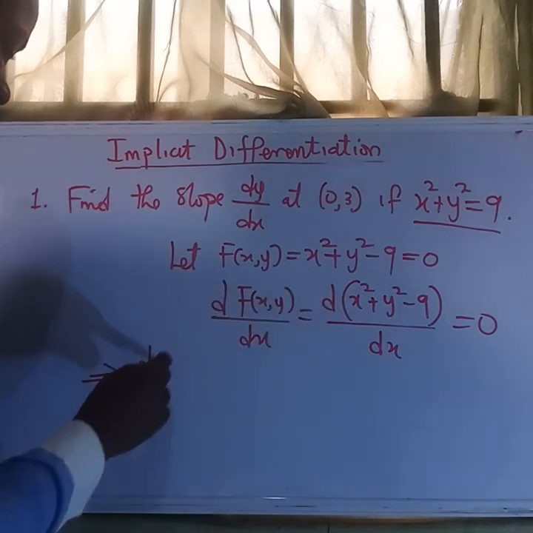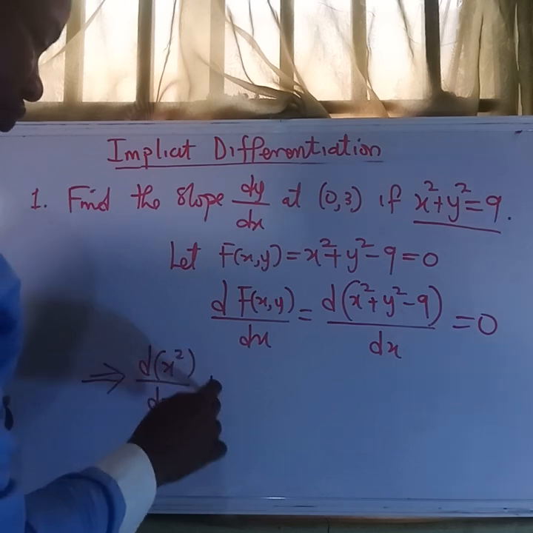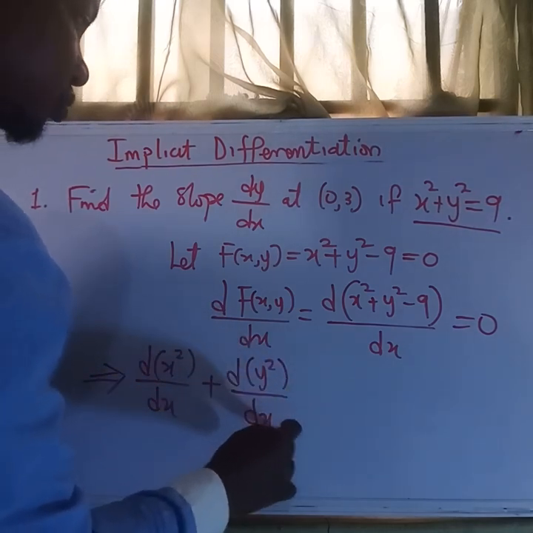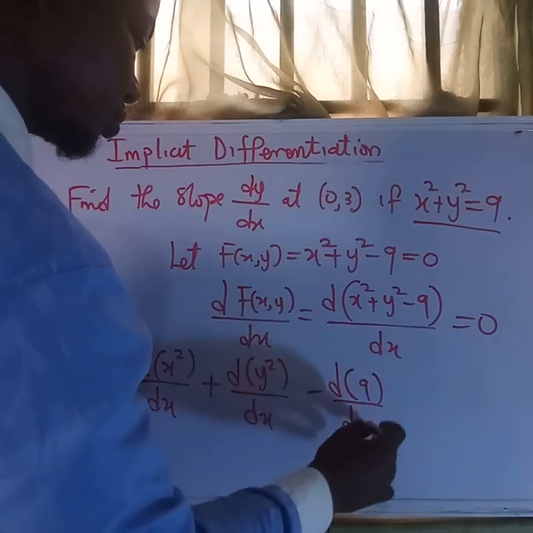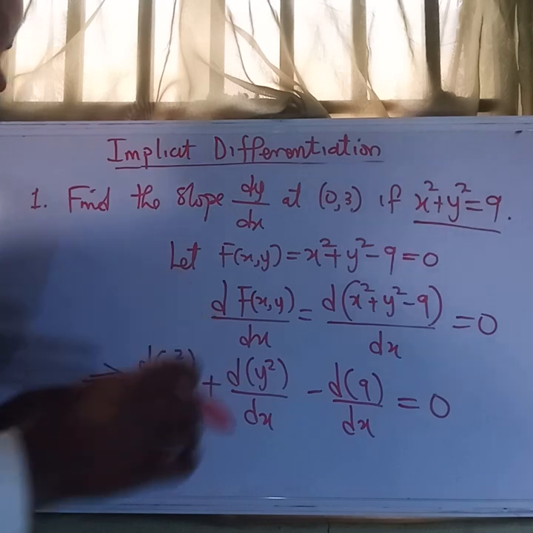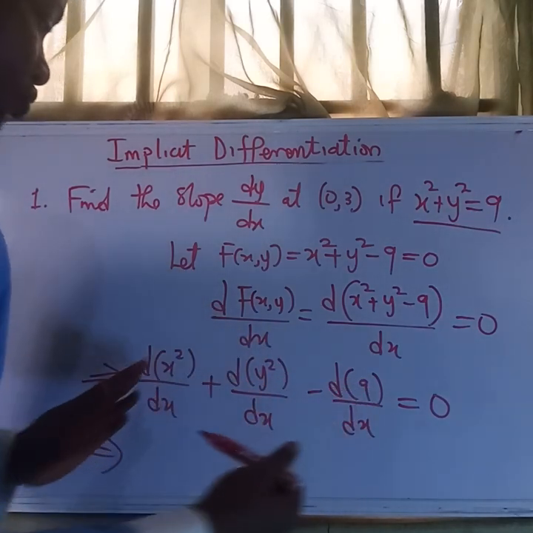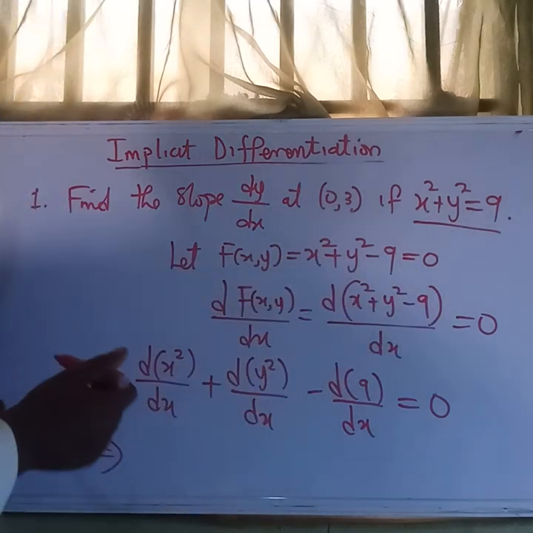This is what this means. That is when we apply the sum and difference rule: the derivative is for each of the terms in the equation.